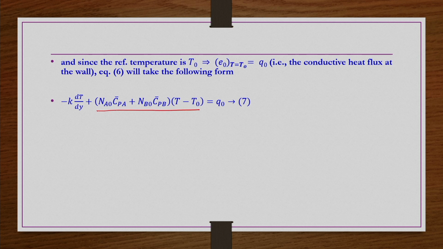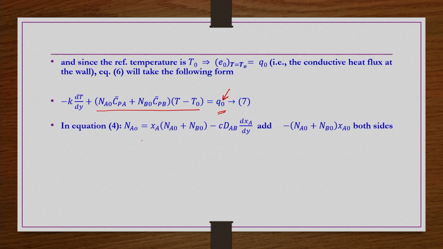So, that is minus k dou T by dou y plus Na naught CPA bar plus NB naught CPB bar multiplied by delta T is equals to E naught. That E naught we are evaluating at T is equals to T naught. So, then at that point we have only conductive heat flux at the wall, there is no mass transfer. So, that we are calling Q naught. Okay.